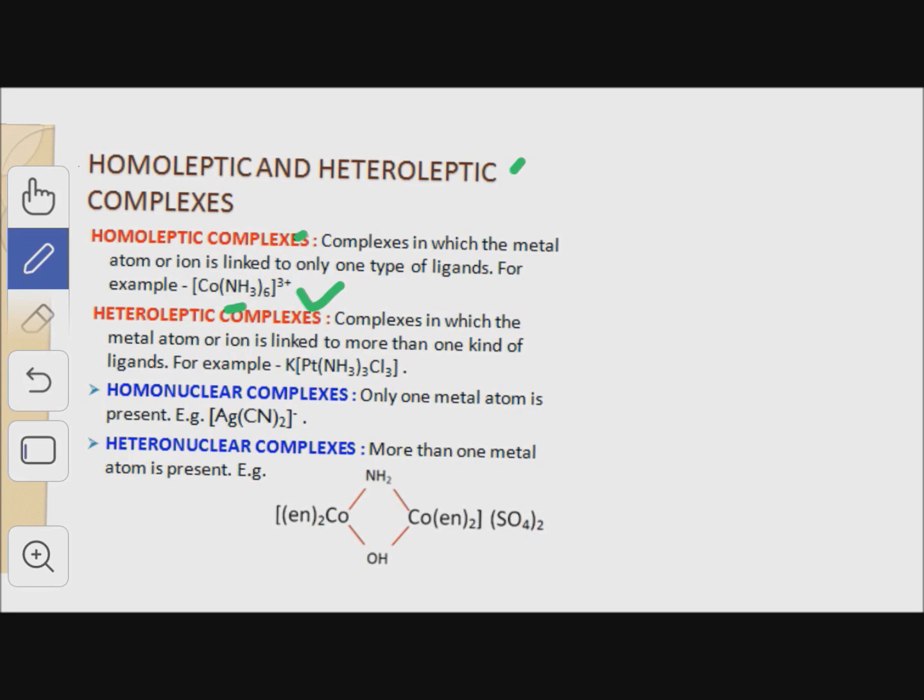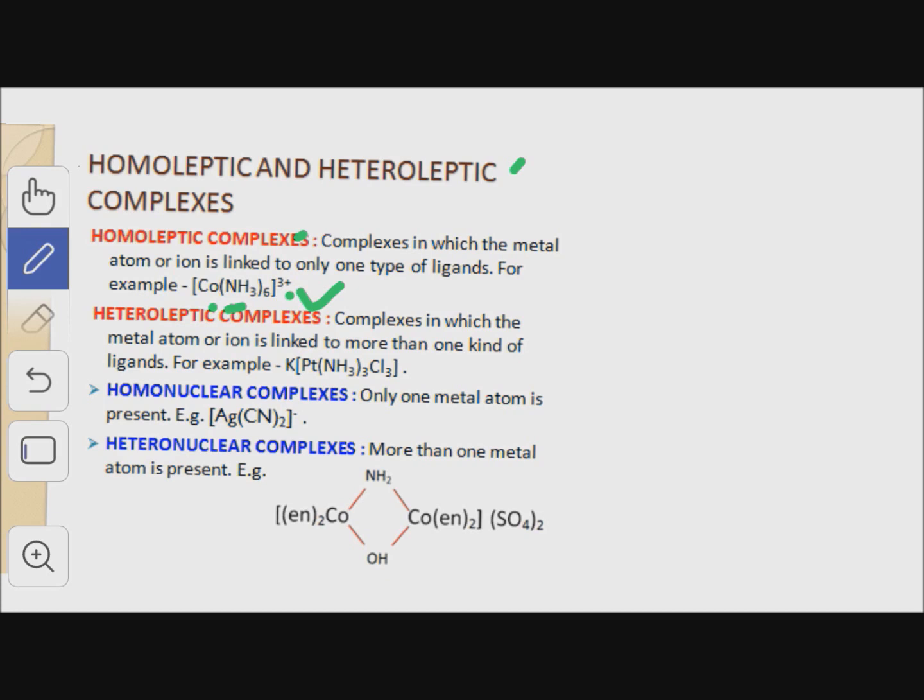It means they are of the same type. All the ligands are the same. Only one type of ligand is attached in this coordination complex, and this +3 is the charge on the complex.